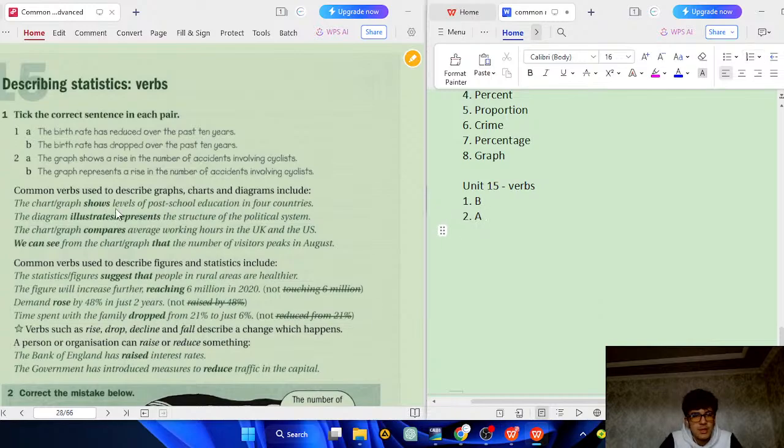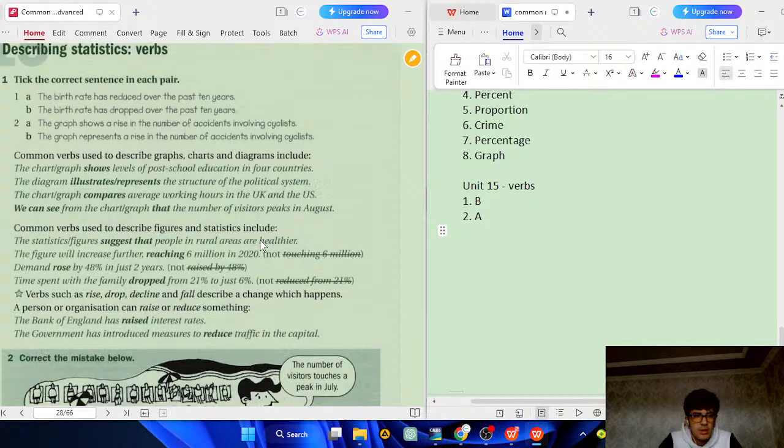Common verbs used to describe graphs, charts, and diagrams include: the chart or graph shows levels of post-school education in 4 countries.